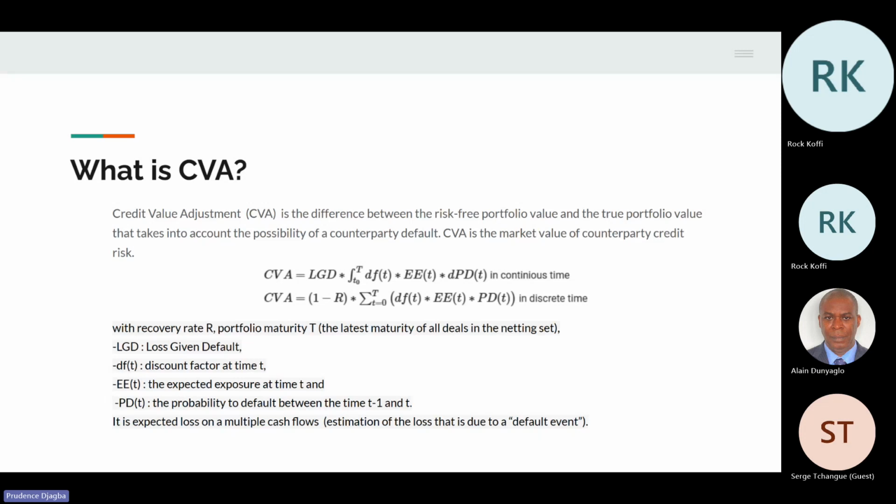When it is one cash flow, we can just use 1 divided by (1 plus r) to the power t. But if it is continuous time, we can use exponential of minus rt. And the estimation of expected exposure will be derived from the cash flow matrices that we get from the Monte Carlo simulation.